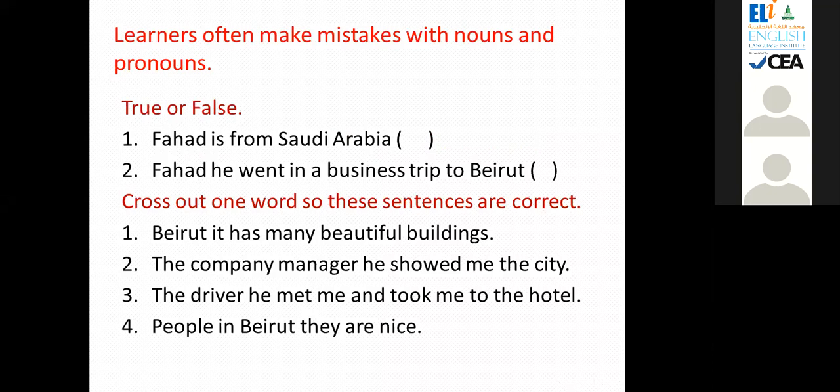I want you to look at this case suggested by the Cambridge Corpus. It says learners often make mistakes with nouns and pronouns. Look at these two sentences. Which sentence is true and which one is false? Look at number 1 and 2. One is true and the other is false.